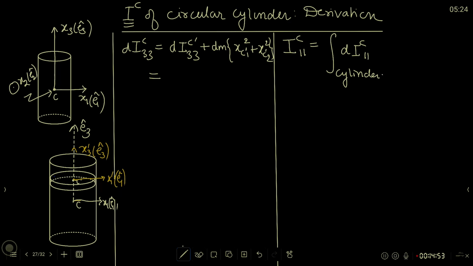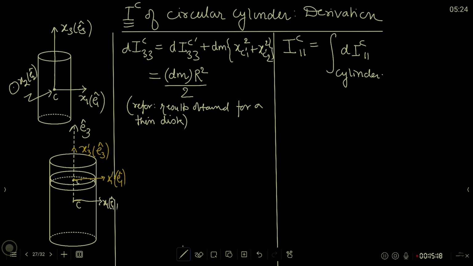dIC'33 has to be equal to dM times R square by 2. Reference is results obtained for a thin disk. If you go back to that slide when you are reading my notes, you will find that dIC'33 can be written as dM times R square by 2.